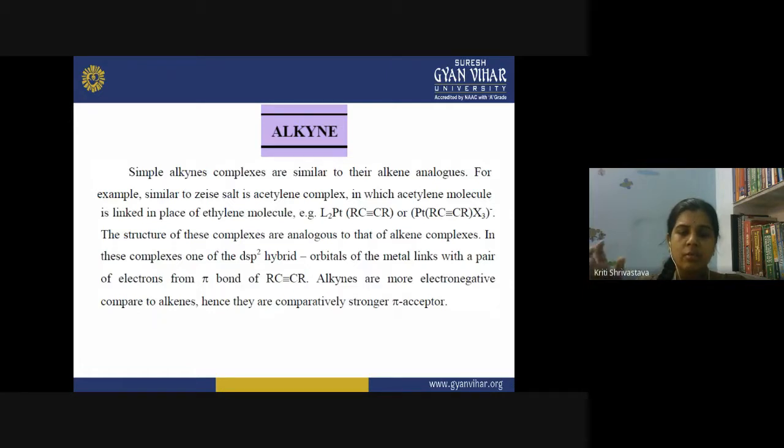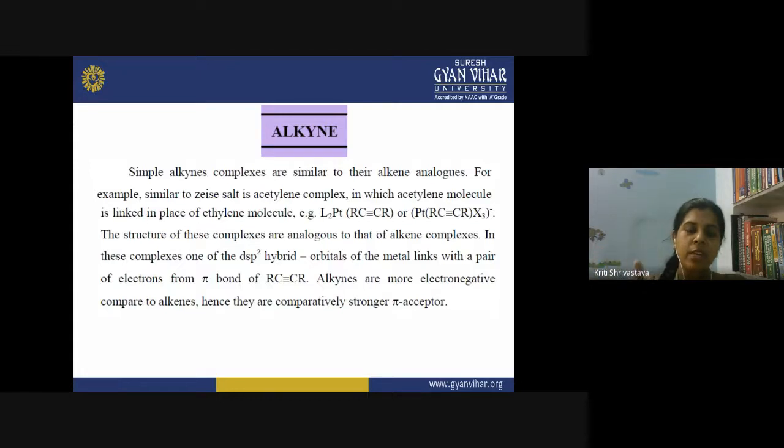So, therefore, what happens? They are comparatively stronger pi acceptors when it comes to back bonding with the metal atom, in which the metal will donate its electron density to the empty orbitals of the ligand. In that case, the alkynes are more effective as compared to the alkenes. And why is this so?